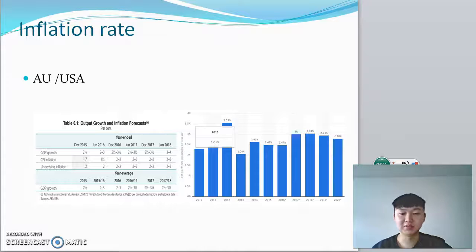Therefore, the demand for Australian dollar will decrease. On the other hand, a relatively lower inflation rate in the USA tends to increase the import from Australia. Then the supply of Australian dollar will rise proportionally. The demand curve will shift to the left and the supply curve will shift to the right. As a result, the Australian dollar will depreciate against the US dollar.